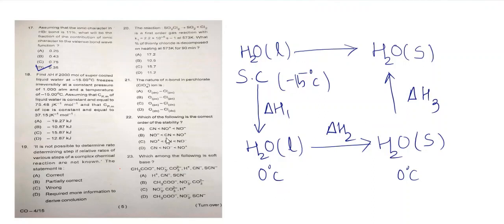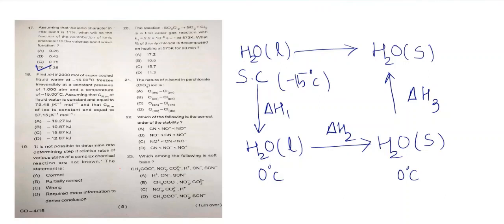But here, one of the data is missing, which is del H2. The question did not give any idea about the enthalpy change at this temperature, the equal temperature, also known as the freezing temperature. The freezing enthalpy is not given in the question, so you have to know that.